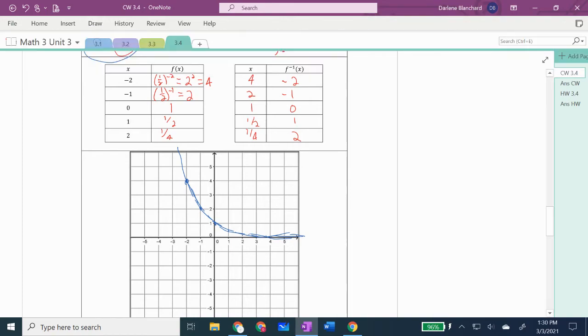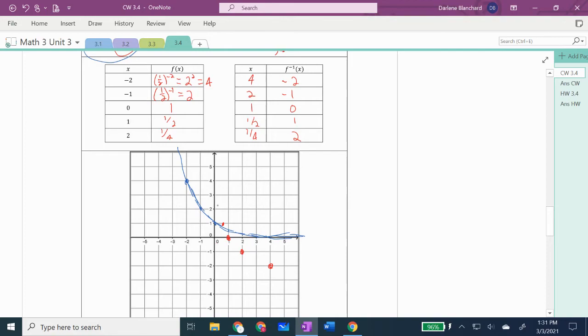I'm trying to change the color of my pen. It will go through the points when x is 4, y is negative 2. When x is 2, y is negative 1. When x is 1, y is 0. 1/2, 1.